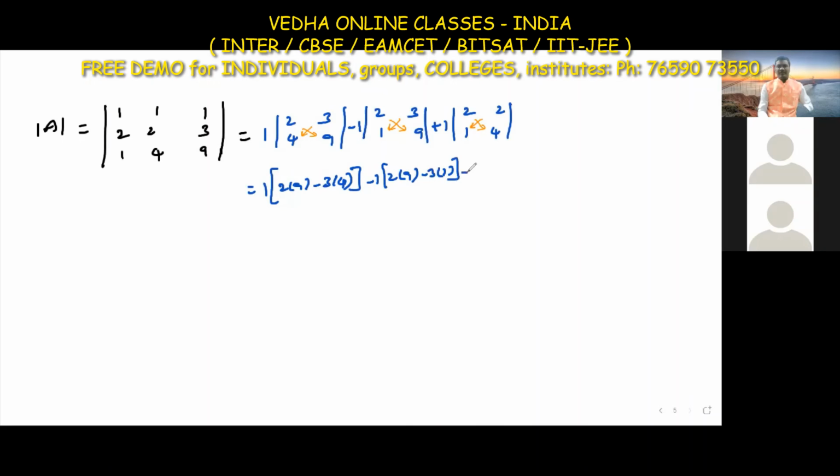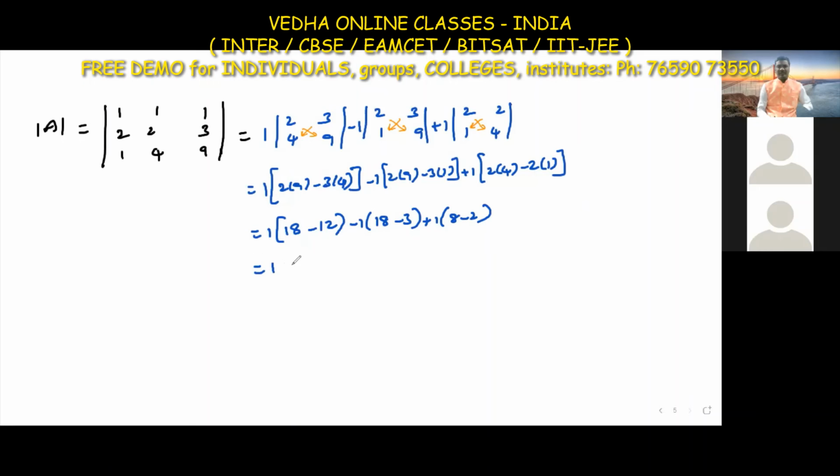Do it carefully. Don't write directly, because we may get plus or minus mistakes in this step. Better to write one extra step: 2 9s 18 minus 3 4s 12, minus 1 into 2 9s 18 minus 3, plus 1 into 2 4s 8 minus 2.